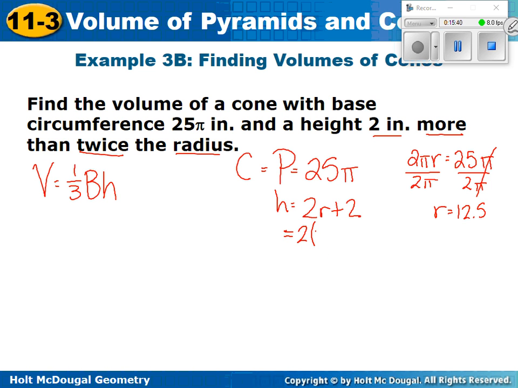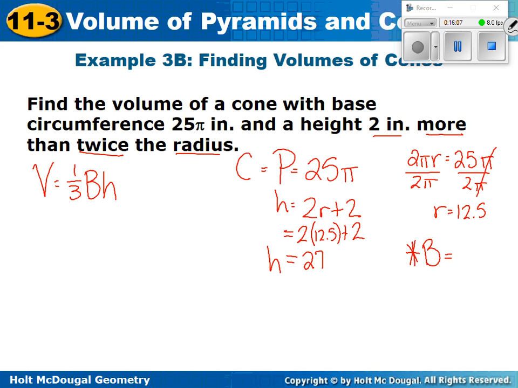We have 2 times 12.5 plus 2. What's 2 times 12.5? 25 plus 2, 27. So we now know that the height is 27. What else do we need for that volume? Area of the base. What is the formula for capital B for a cone?